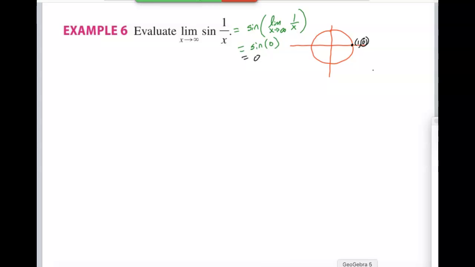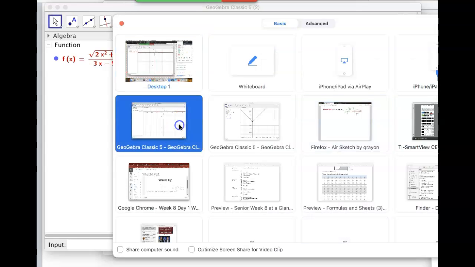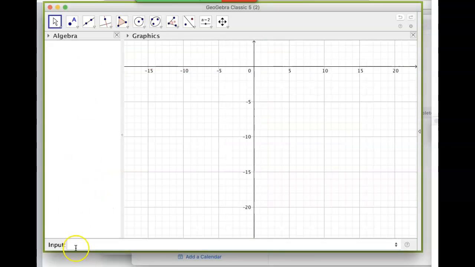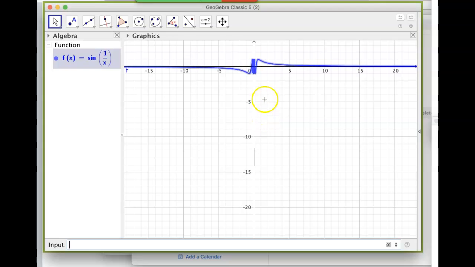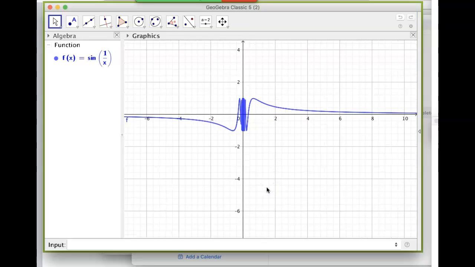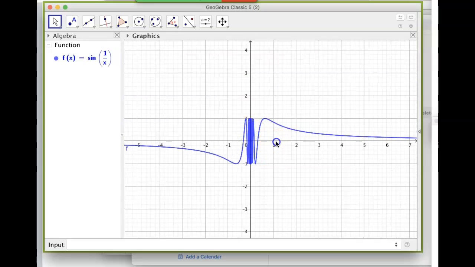If you look at it in GeoGebra, this one oscillates way more quickly as you get close to the origin, but then as we move out, it stabilizes and will approach 0 as x approaches infinity.